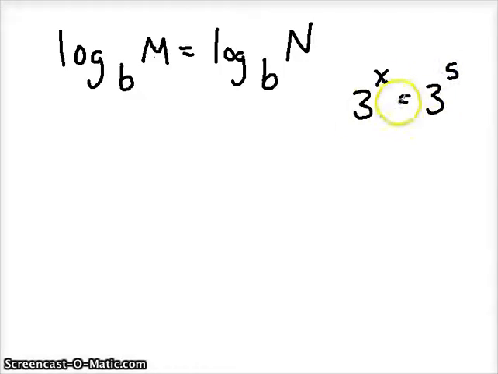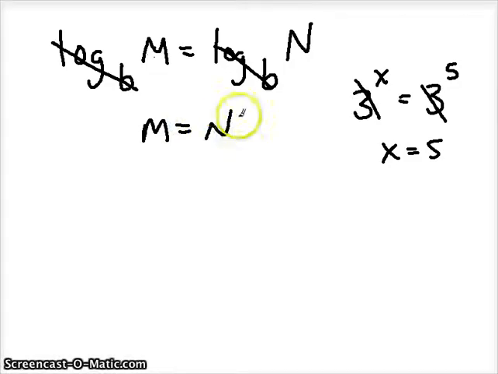And if we have the same base, we ignore the base and we just focus on the exponents and rewrite that as their own equation. That similar method can be used in this case. As long as the log expressions have the same base, we can ignore them and we just focus on these numbers. So as long as m is equal to n and our bases are the same, then this property works.